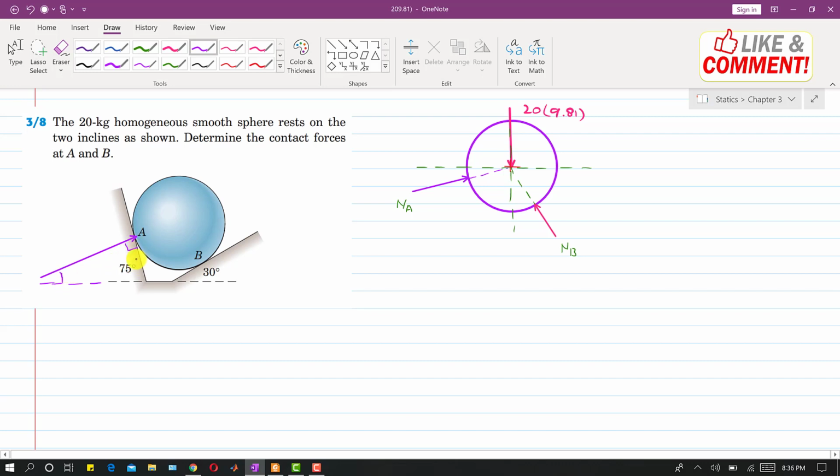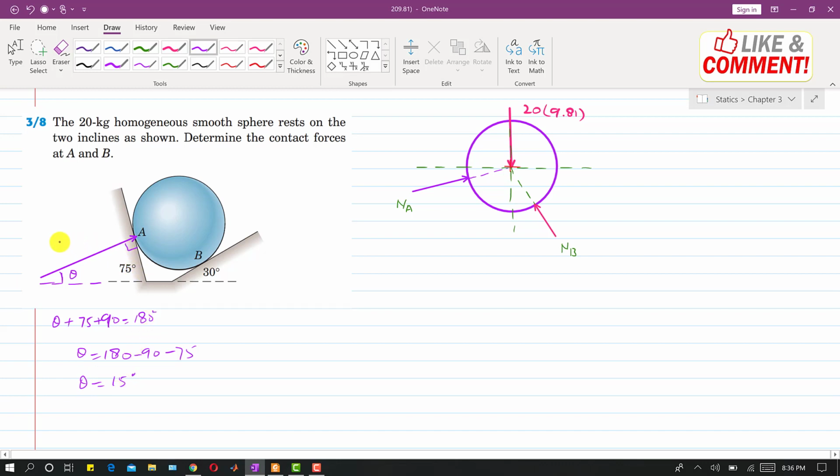Let's say this is theta. Theta plus 75 plus 90 degrees will be equal to 180 degrees. So theta will be equal to 180 minus 90 minus 75, so this is 90 minus 75. So this theta is 15 degrees.